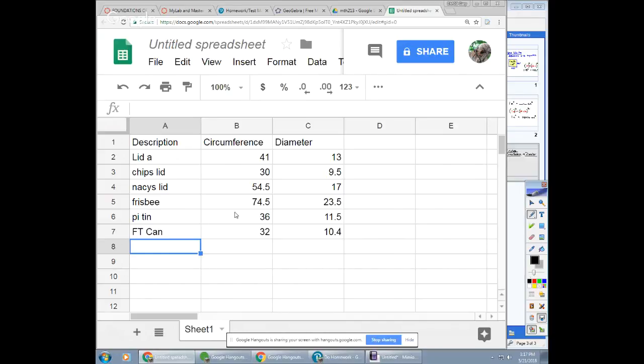Who's the teacher now? All right, what was the other one? Circumference of the big coffee can is 49 centimeters. Diameter is 15. Okay. I think that's enough.